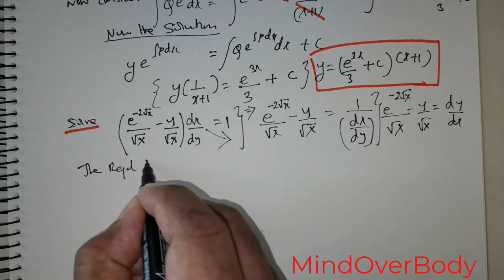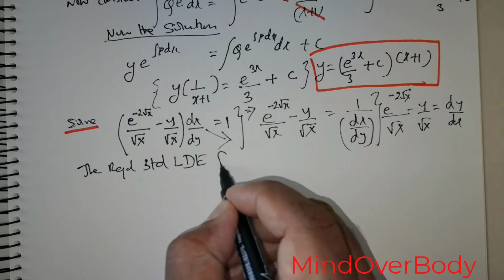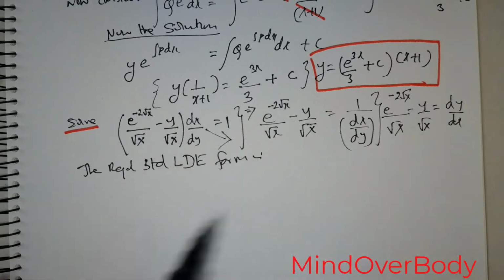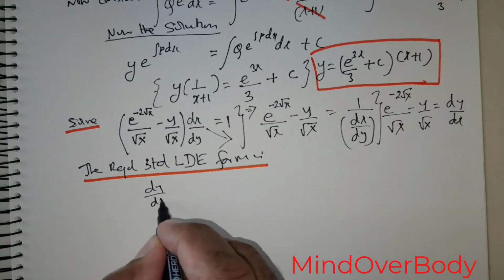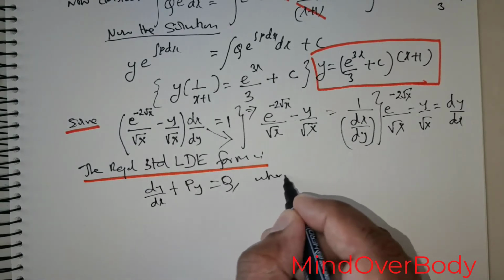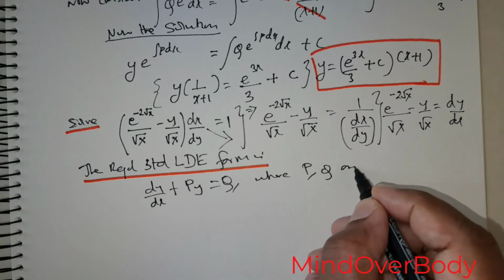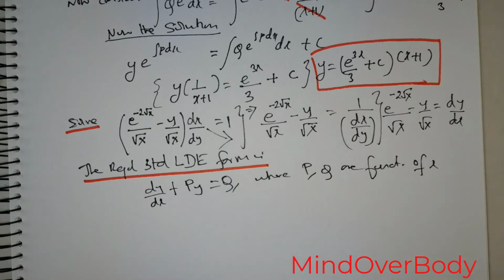The required standard linear differential equation form is dy over dx plus p times y is equal to q, where p, q are functions of x, right? So I need to get that.